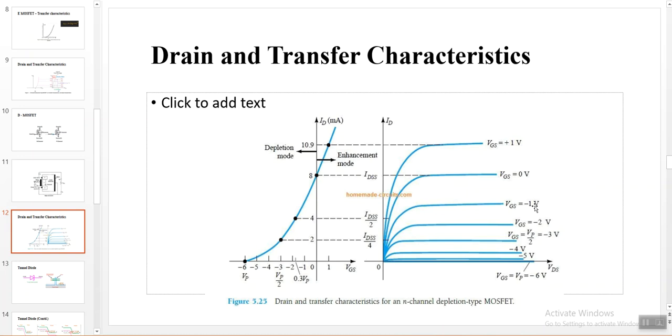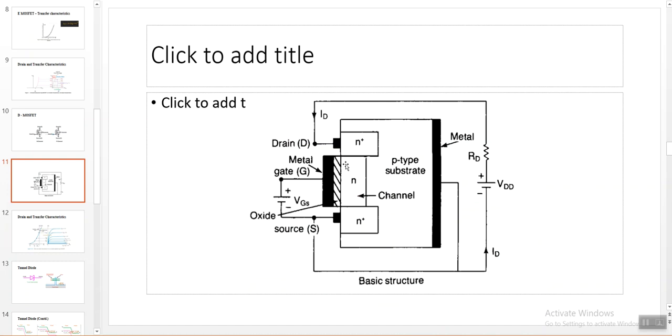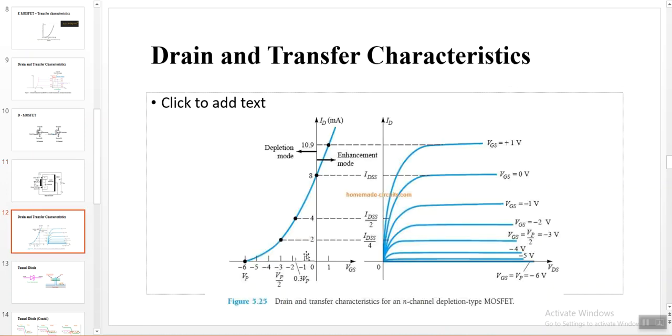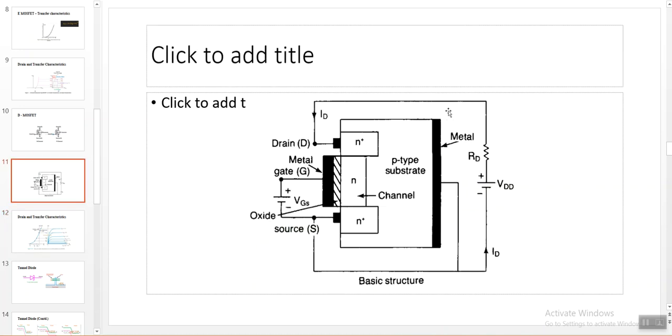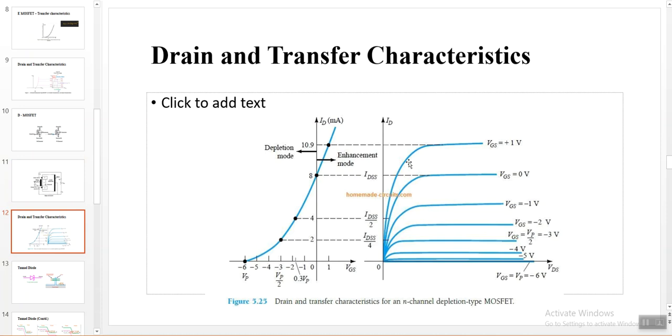This is due to the repulsion of electrons from the N channel, thereby reducing the electrons on this surface, so that when reverse bias voltage is applied, the drain current reduces here. Again coming here, when it is raised to positive, more electrons are attracted to this surface. So now when VDS voltage is increased, more electrons are attracted due to this reverse bias, and drain current increases.